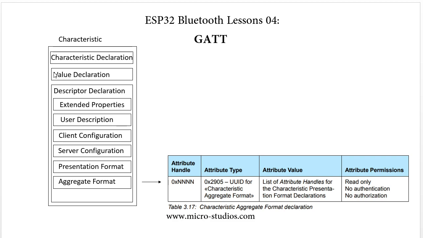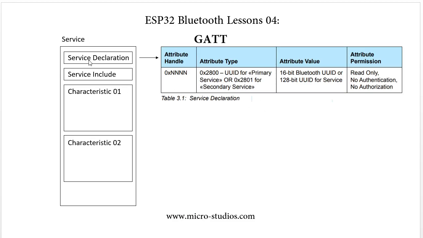After this, the next group of data may be a characteristic declaration again, or it may be a service declaration again. So the client will check the attribute type to decide whether the next data is another characteristic or another service.